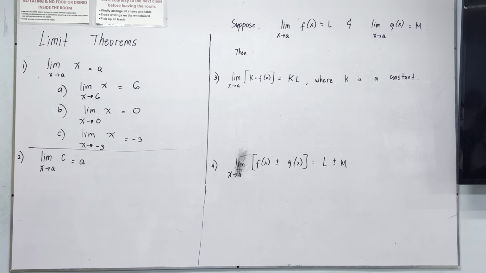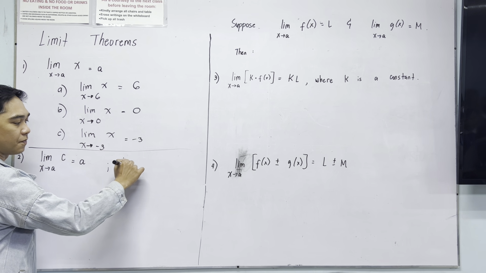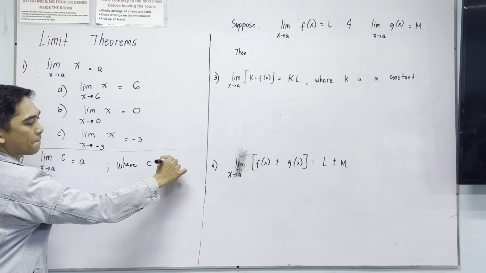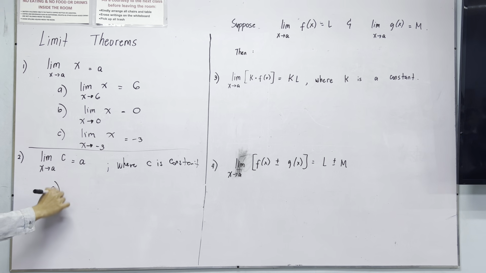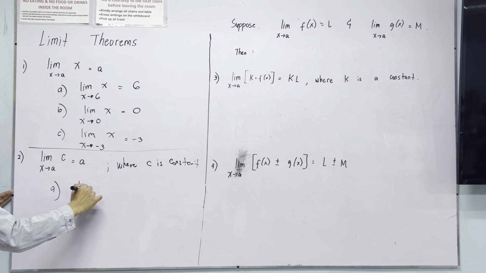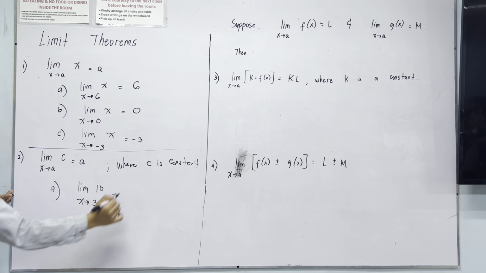So, very useful yan mamaya sa pagkuha natin ng limit. Number 2 theorem, limit of c as x approaches a, where c is a constant. Example, limit of 10 as x approaches 3. So, ano magiging limit natin?